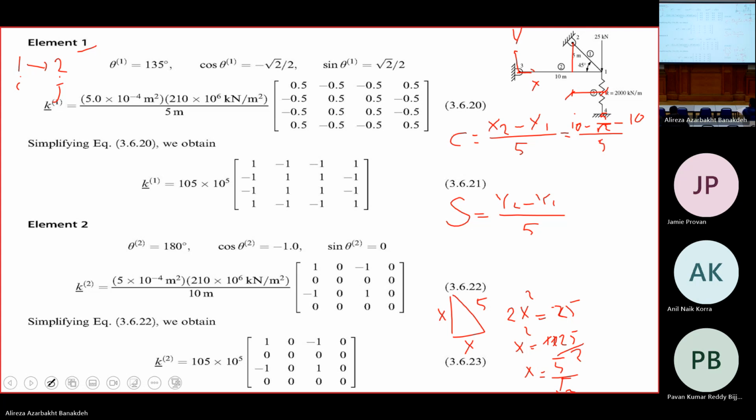Right? 10 minus 5 divided by square root of 2 is this distance. See, this distance is 10 minus 5 divided by square root of 2. Is it clear or not? Yes. For sure.